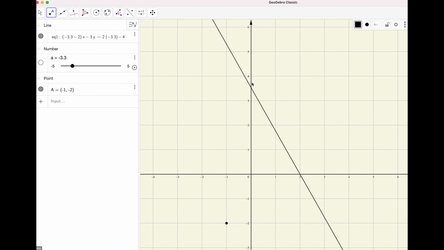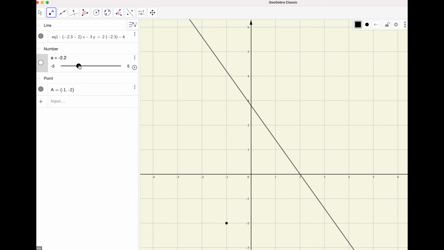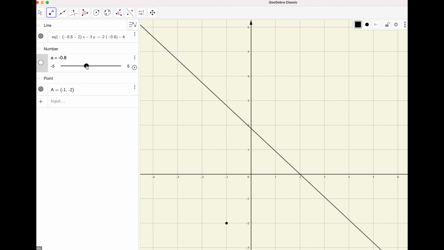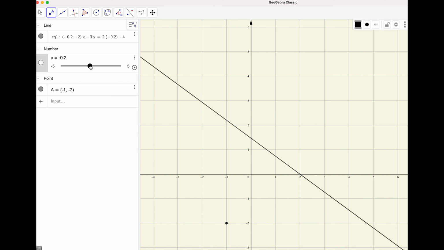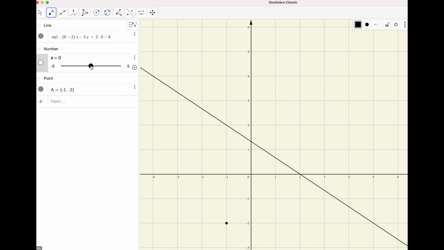Now let us go back to GeoGebra. Make a equal to 2. This line should be the x-axis. Let us see if it is correct or not. Try to see what happens when a becomes equal to 2. Our prediction is that when a becomes equal to 2, this becomes the x-axis.